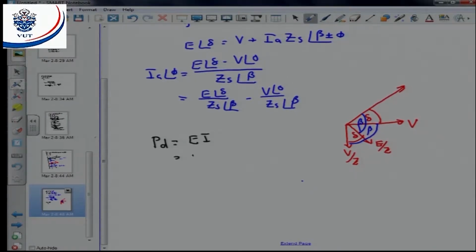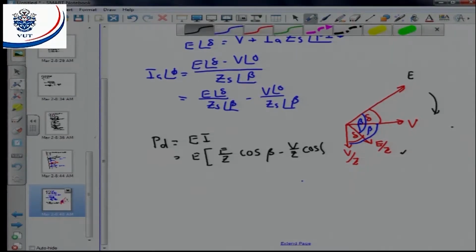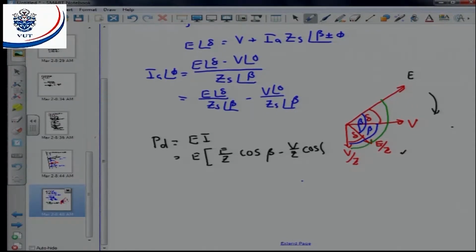So therefore it will be E, and if we look at our phasor diagram, at any point if we move in this direction, we start at E. The first part that we get to is E over Z, and the angle between E and E over Z is beta, so cos of beta, minus V over Z, which will be cos of that beta plus delta.